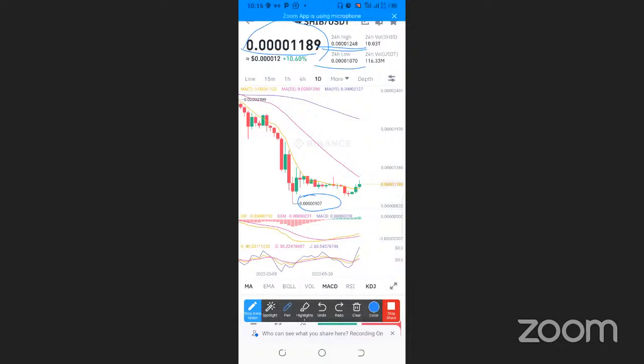Now, what you need to do is to reduce the current price, which is your entry price, from the all-time high, and you get the percentage. Okay. Is that understood? Yes.